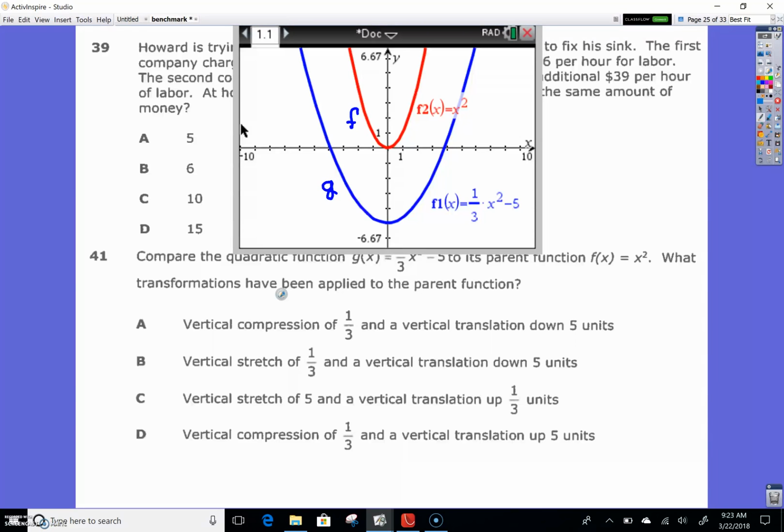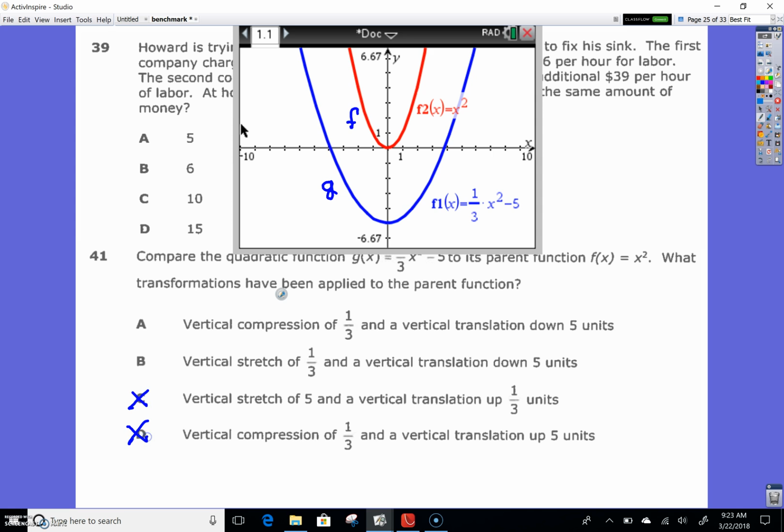So if you look at it, the change, g got wider and g went down, right? So this is f, this is g. So you go 1, 2, 3, 4, 5. So it's translate 5 units down.